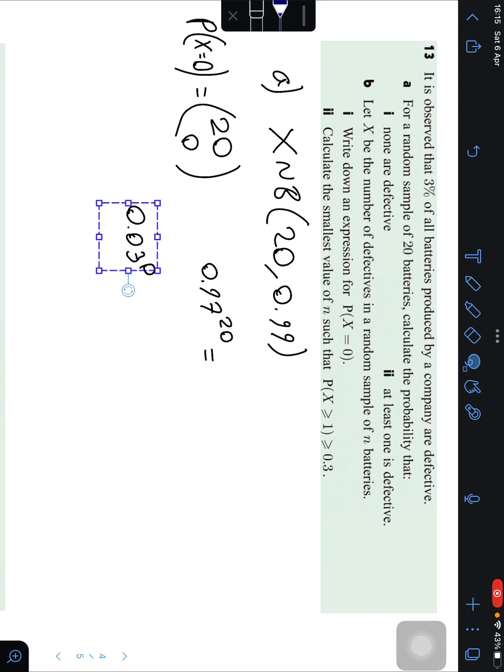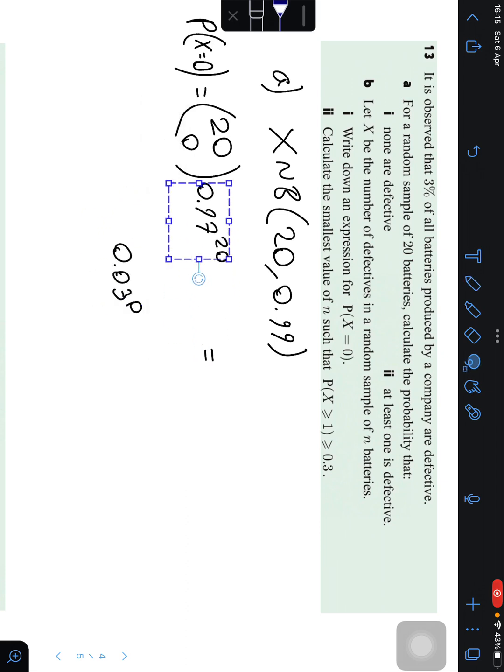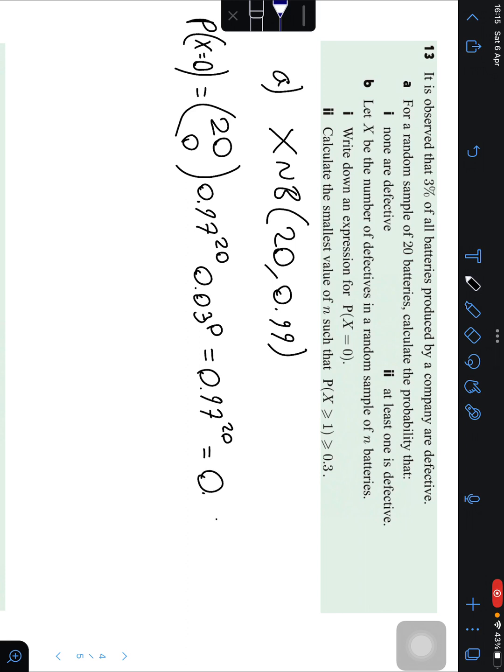Nothing else has changed. But 20 choose 0 is just 1, and so therefore it's just 0.97 to the power of 20. Again, you could plug that into your calculator, but I think it's quicker just to type that straight in.